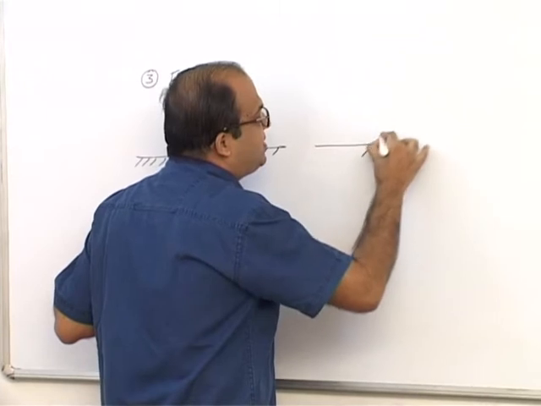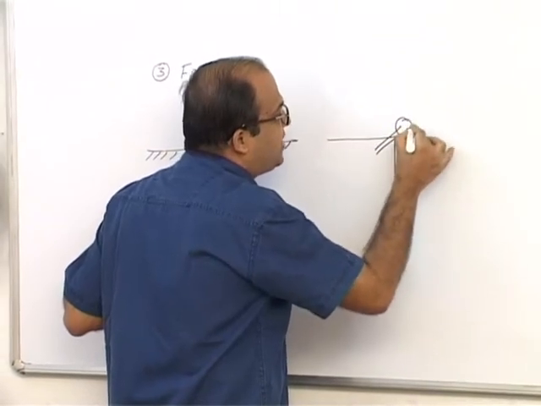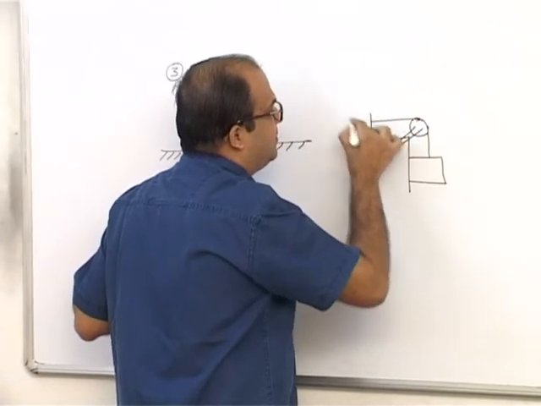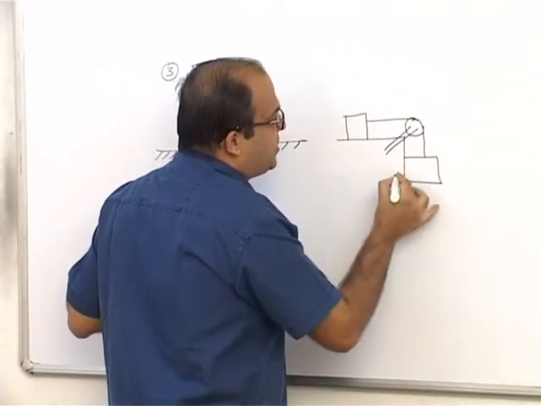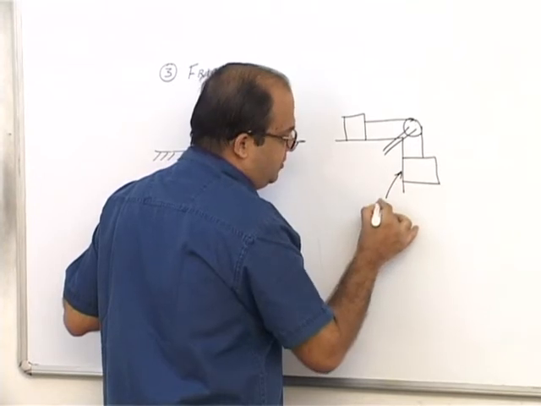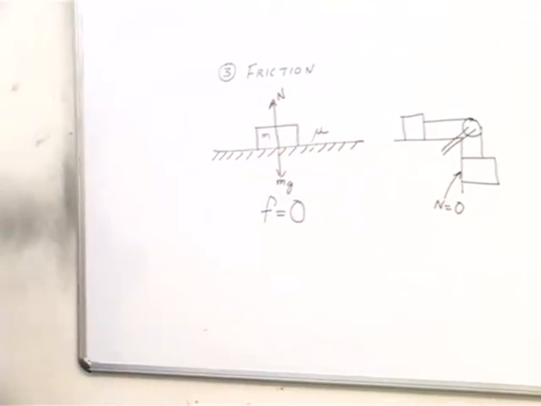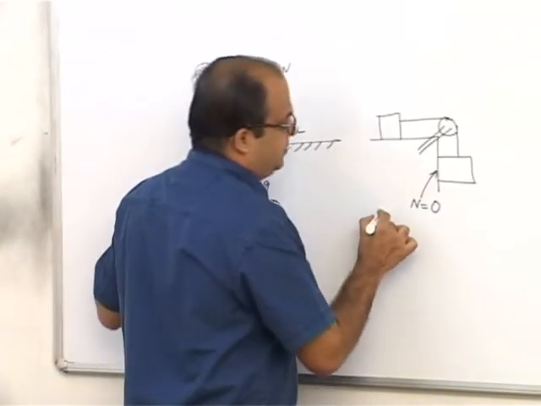In the case we discussed earlier, when a block was hanging like this, we had seen that the normal reaction is 0. And if normal reaction is 0, it implies friction is 0.